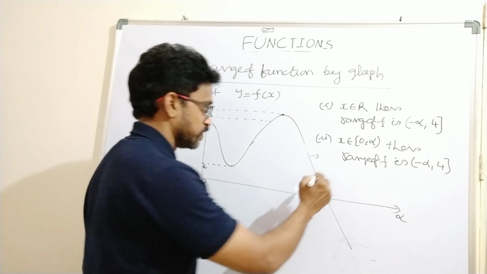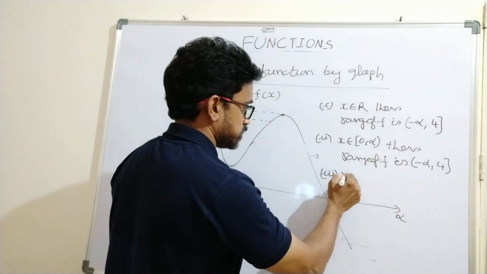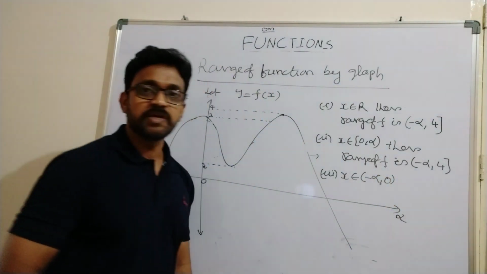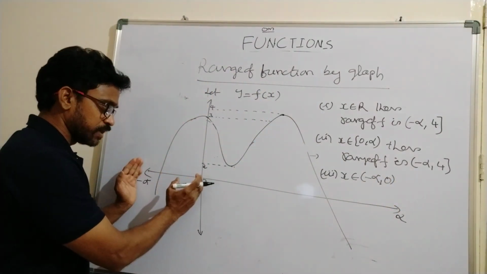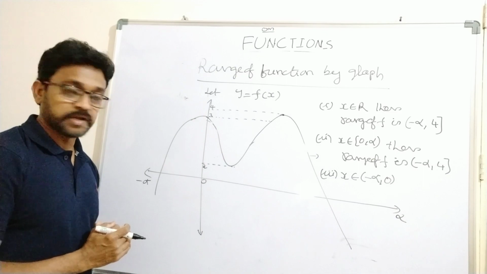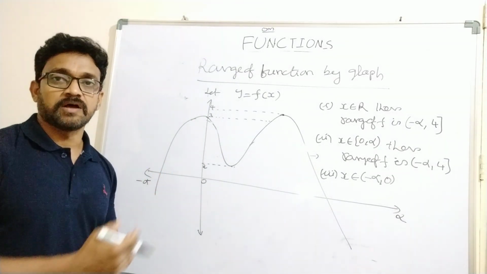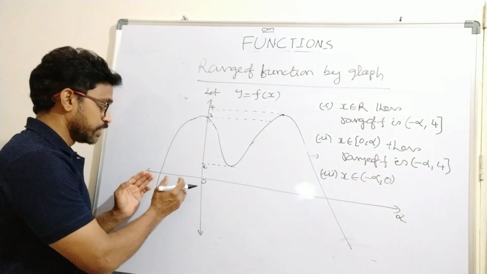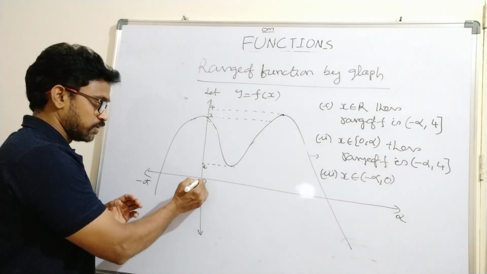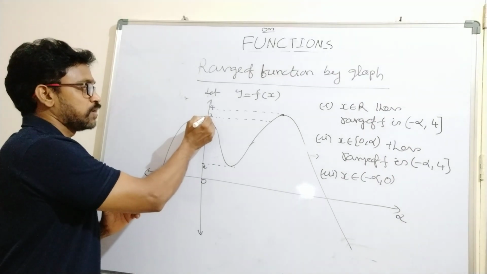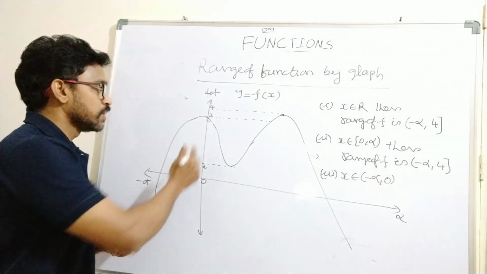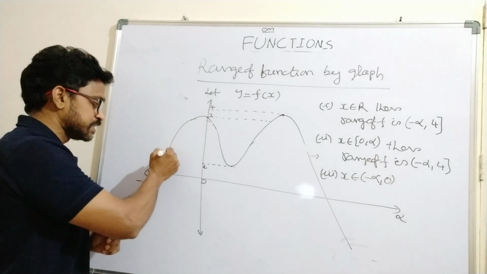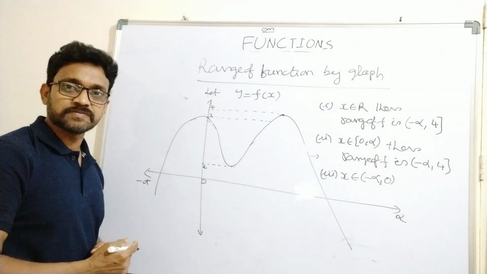Okay, one more case we will discuss now. That is, suppose x belongs to the open interval minus infinity comma 0. That is, you should take the domain here in this form. In this domain, we can observe the graph. The path of the graph is observed here, very clear. At x equal to 0, what happened? The function value is what? 3. Now from here onwards, the graph of the function decreases up to minus infinity.